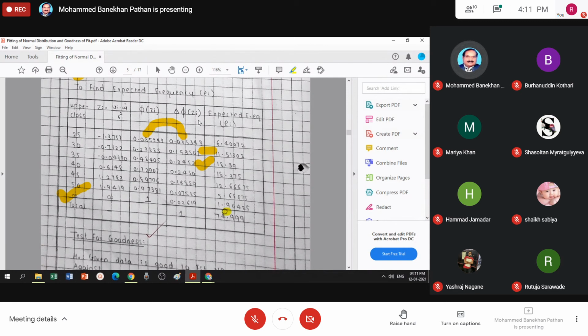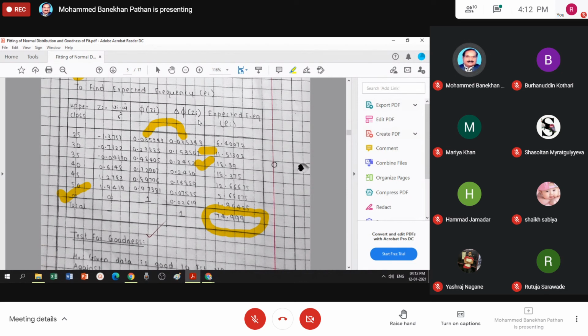The total of expected, just like in NVIDIA I told, should be capital N. Now in this example, capital N is 75. You can see now the total is coming 74.999. So what we did is absolutely correct.